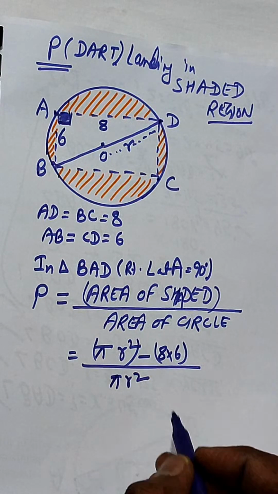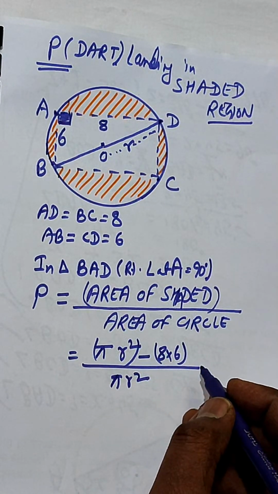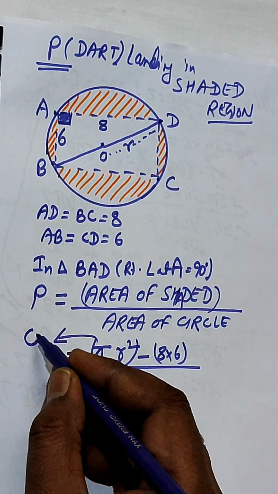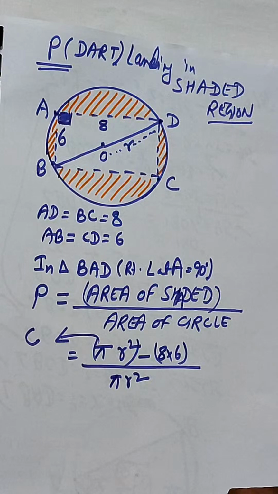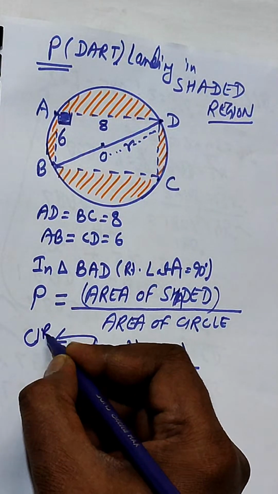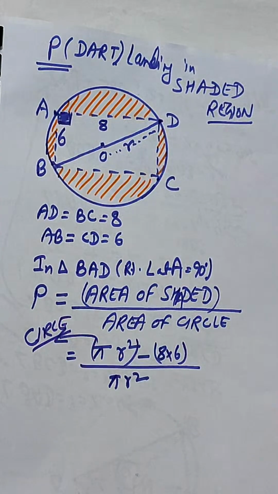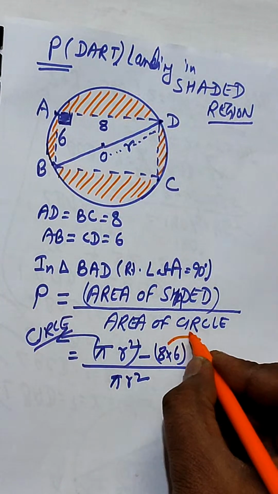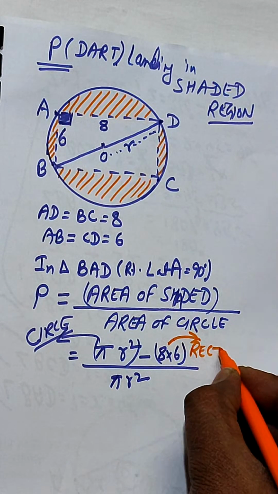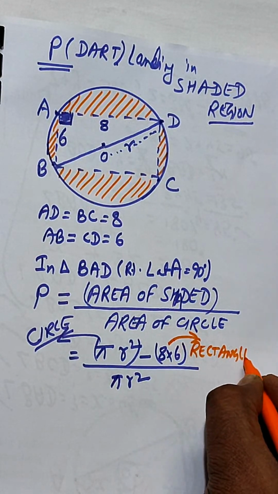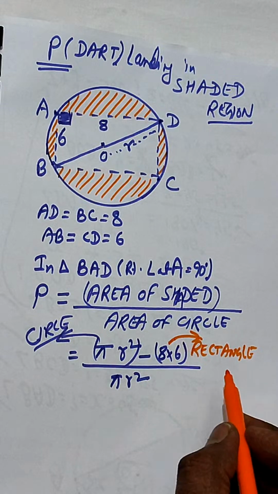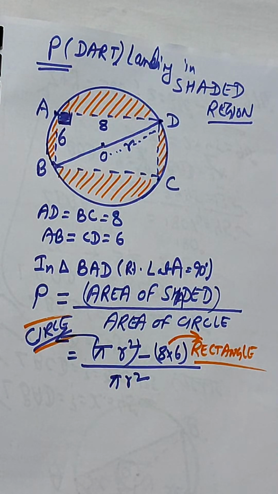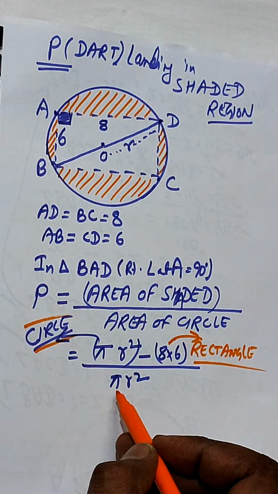You got it? I have written 8. This is circle area. And this is rectangle area. Rectangle, this is circle. And this is also circle.